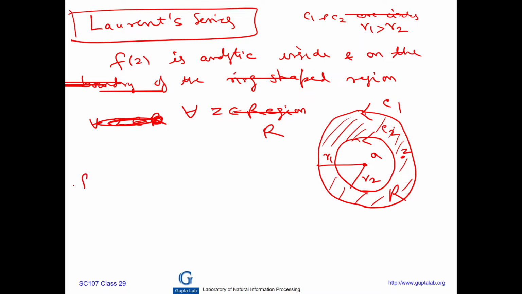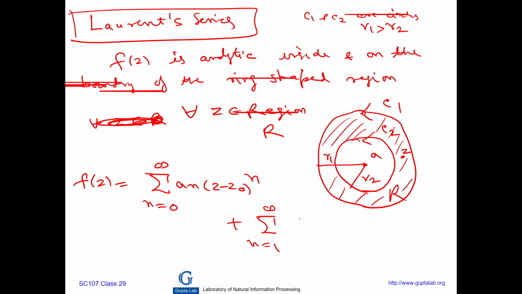We have f of z is equal to summation n is equal to 0 to infinity a n times z minus a raised to power n, plus summation n is equal to 1 to infinity a minus n divided by z minus a raised to power n. Positive power and negative power, where I know what these coefficients a n and a minus n are.